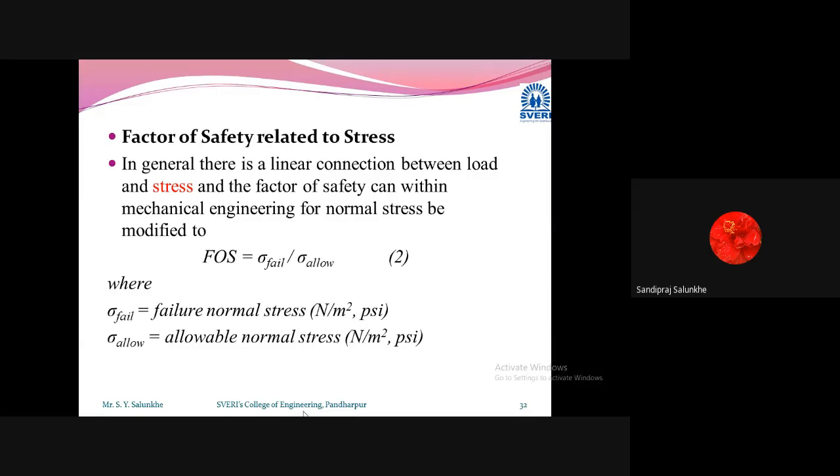For example, RCC structure, that is reinforced cement structures. In that case, they are able to sustain more compressive load, more compressive stress. But when we are elongating it, their strength will get reduced, or it is less than the compressive strength.